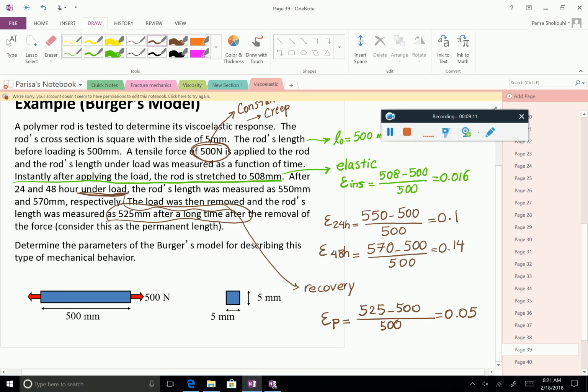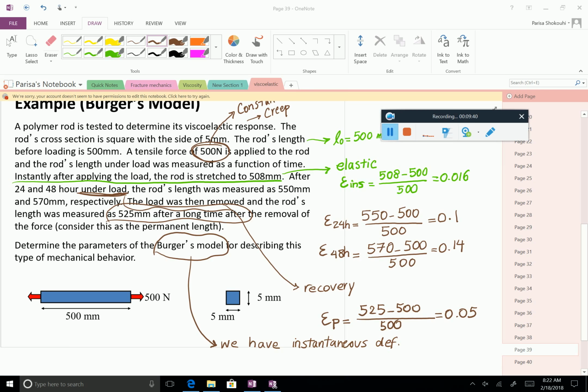Now, here the hint is given that this is a Burgers model, but we could have guessed it too, because we have instantaneous deformation, and also we have permanent deformation.